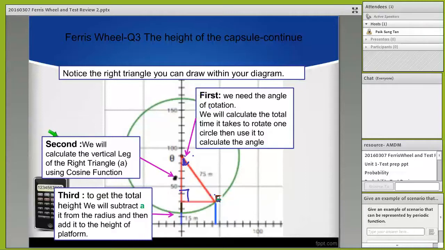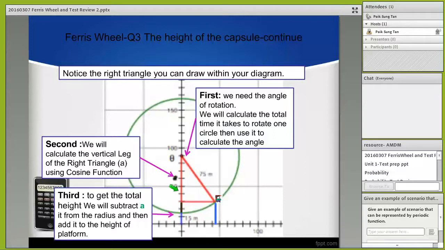Second, we will calculate the vertical leg of the right triangle, A. We calculate this side right here. Third, to get the total height, we will subtract A from the radius and then add it to the height of the platform.